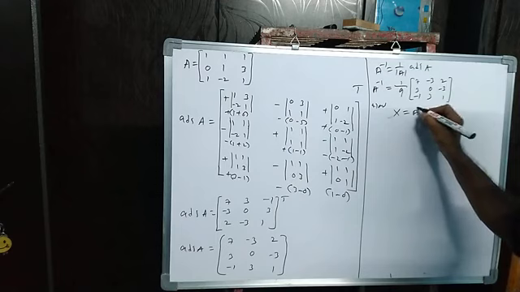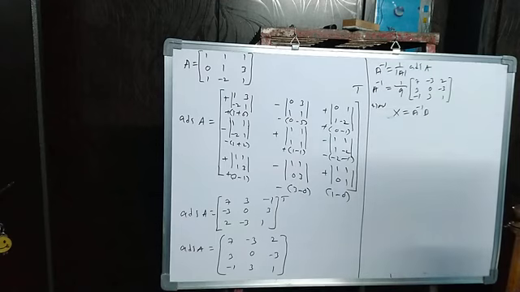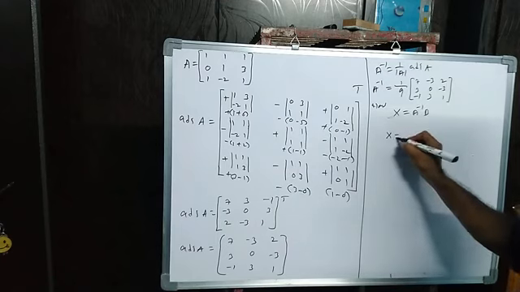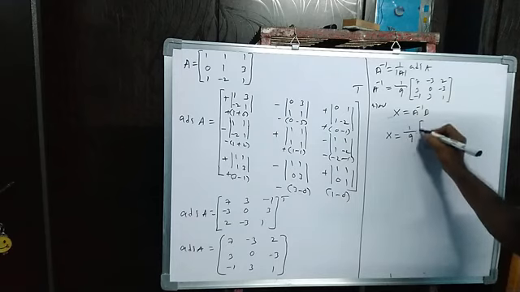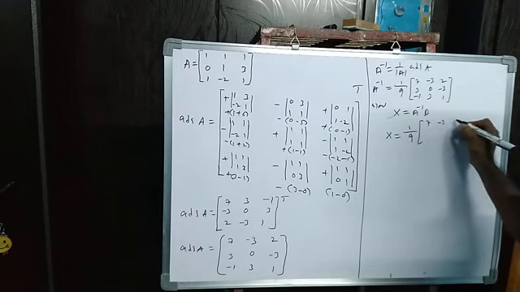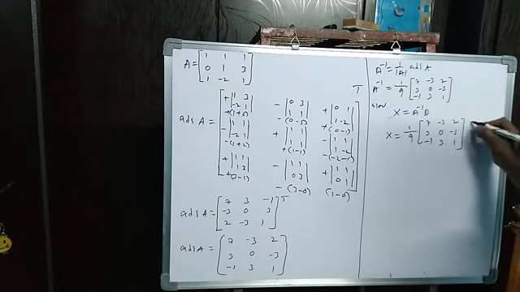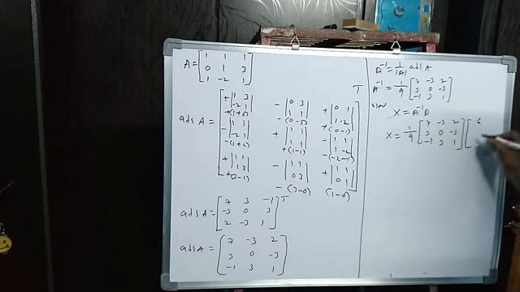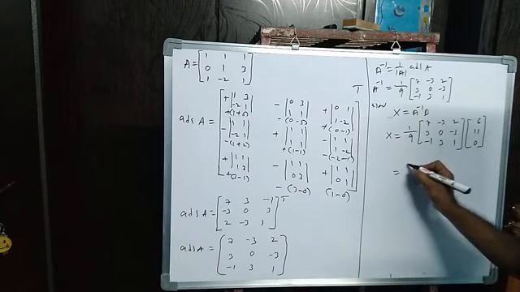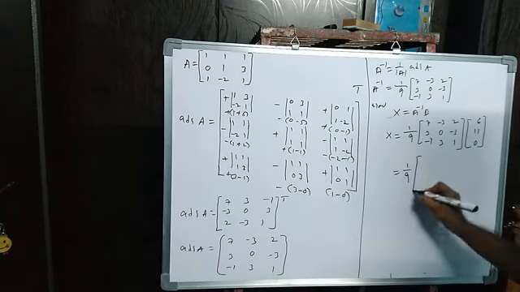X is equal to A inverse into B in this equation. So substitute here: X is equal to A inverse, that is 1 by 9 into the matrix 7, minus 3, 2, 3, 0, minus 3, minus 1, 3, 1, into matrix B. Matrix B you got as 6, 11, 0. Now multiply them, keeping 1 by 9 like this.